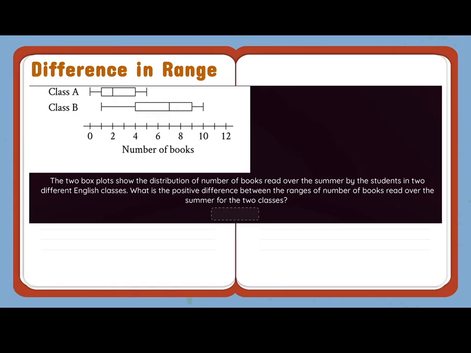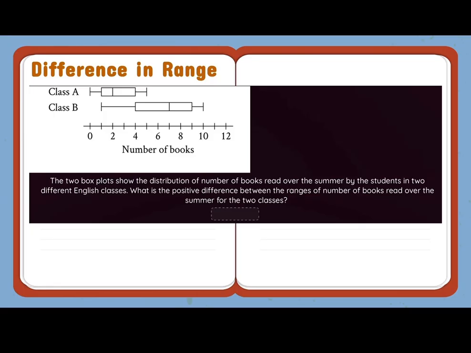Okay, this question here is fairly simple. Students get this wrong because they just don't know how to read these box plots. But when you look at the range here, we're not looking at the actual box, we're looking at the tails, the whiskers.